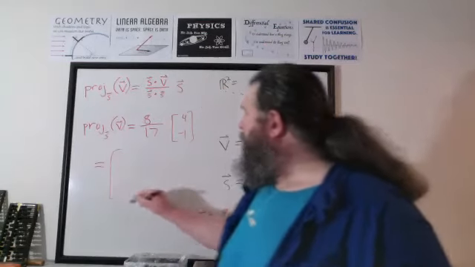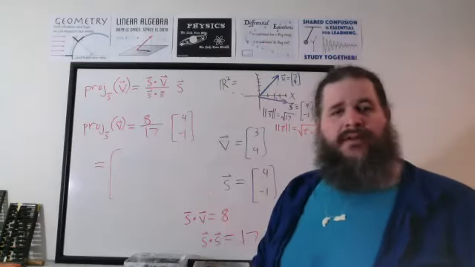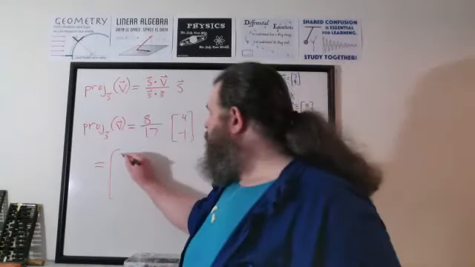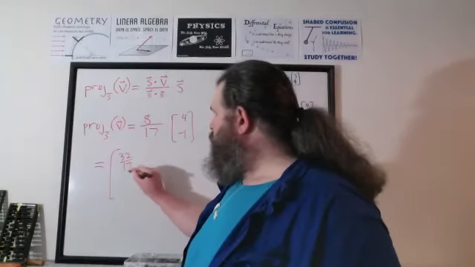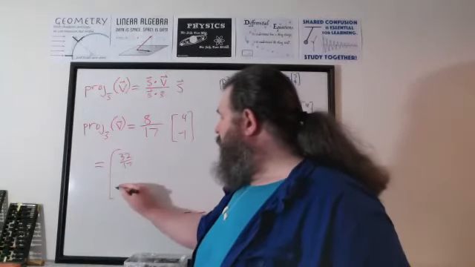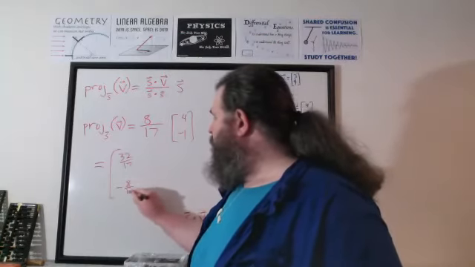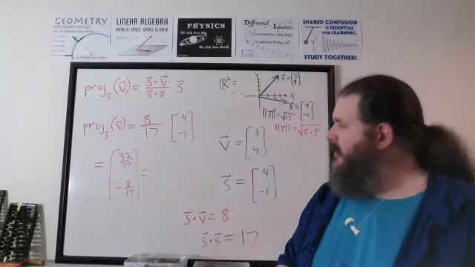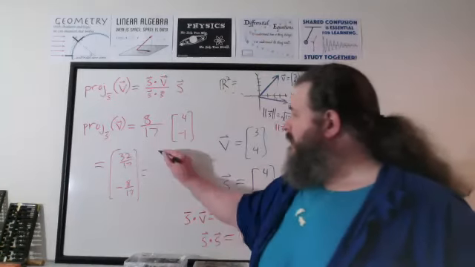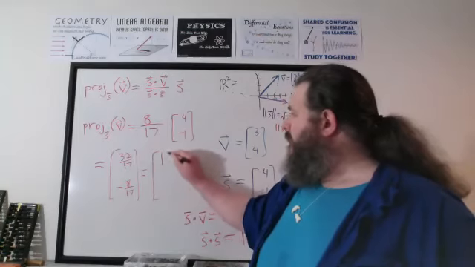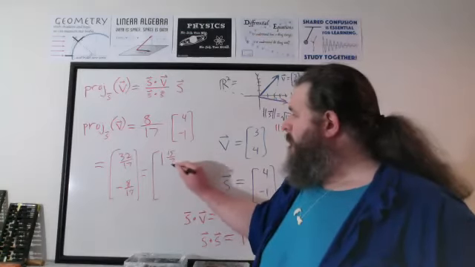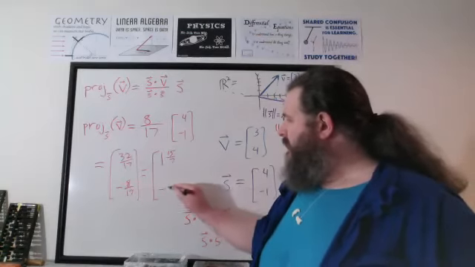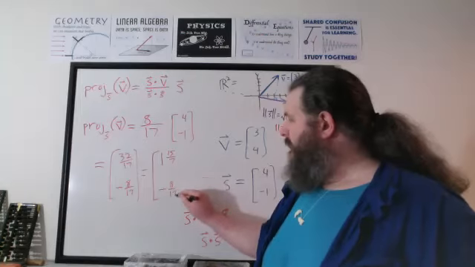So multiplying that out, we get 8/17 times 4. That'll be 32/17. And 8/17 times -1 is -8/17. Or as mixed numbers, 32/17 is a little bit less than 34/17. So that's 1 and 15/17, almost 2. And -8/17 is a little bit less than 1, -1/2.